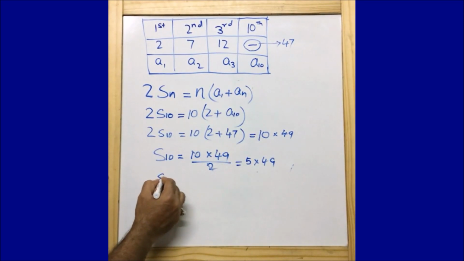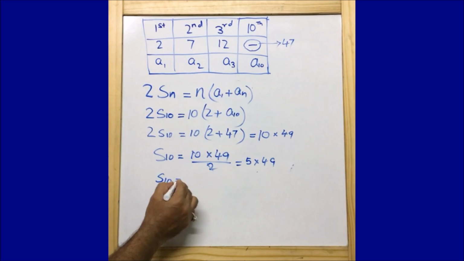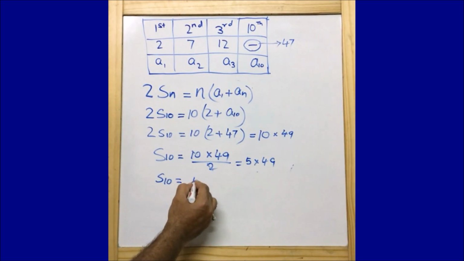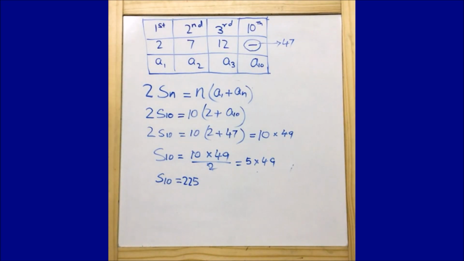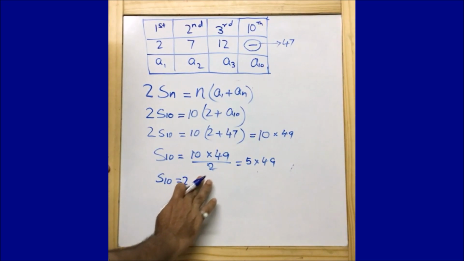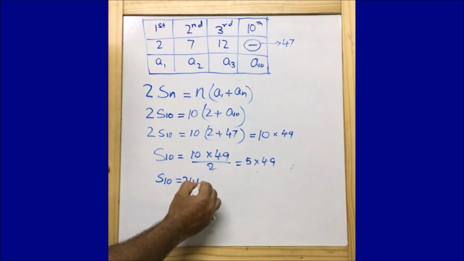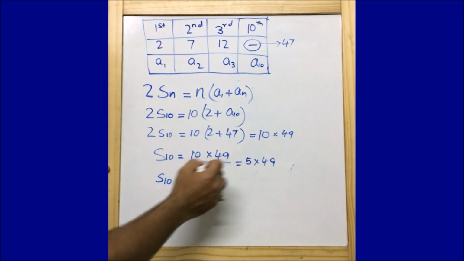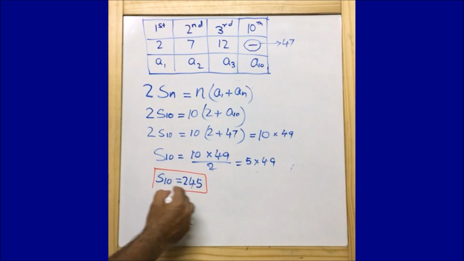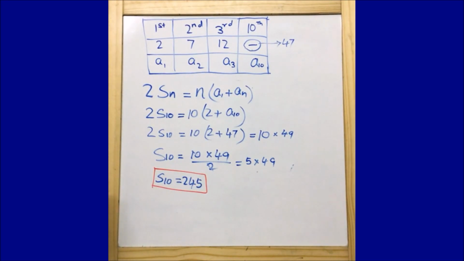Or I can write S10 is equal to 5 9s are 45, 5 4s are 20, 21, 22. Guys, sorry, this one will be 245. 5 9s are 45, 5 4s are 20, 21, 22, 23. That's all, guys. The sum of 10 terms is 245.